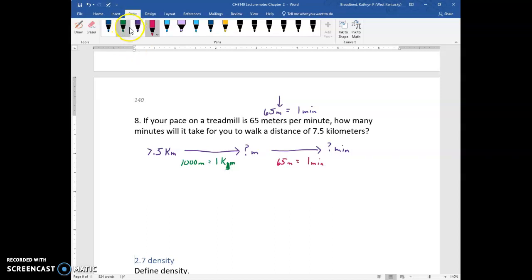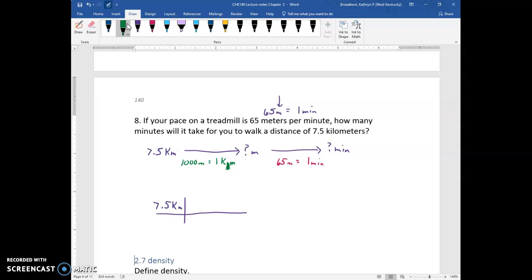So we'll start our problem, let me get back to the purple, with the number from the problem. This time I'm not going to write out the conversions. We have the equalities written, and we can write our conversions on the fly, so to speak. So our first conversion, we want kilometers to disappear.